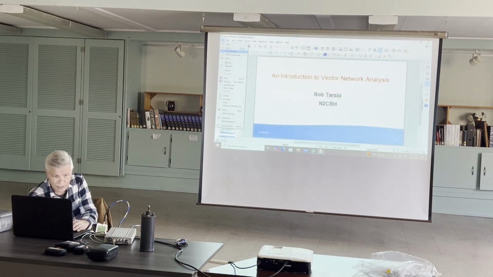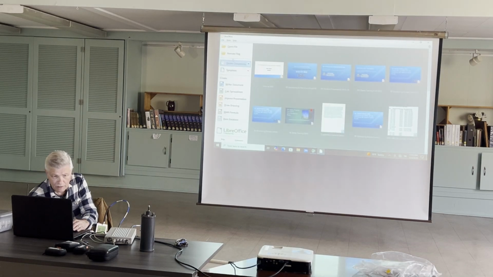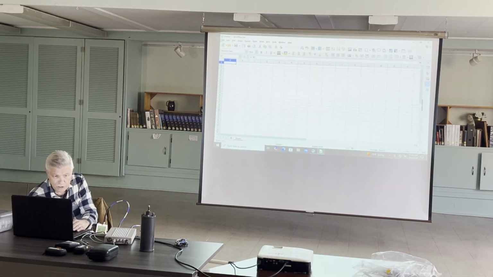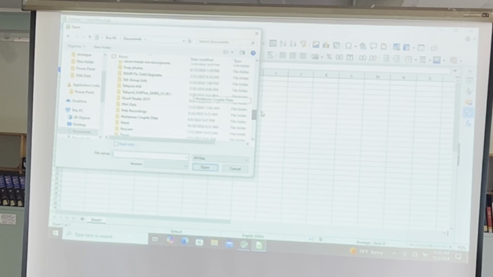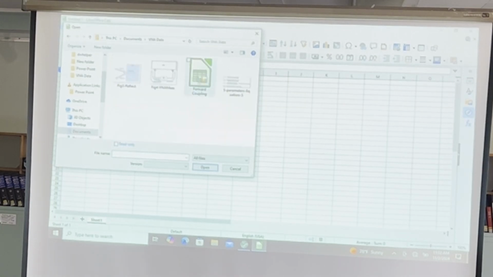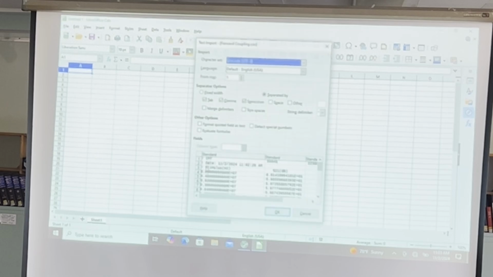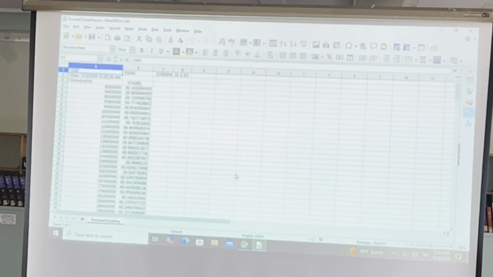We can get rid of this at this point, and then we can open a Cal spreadsheet. And that's the one I just did. And there's the data, in tabular form.